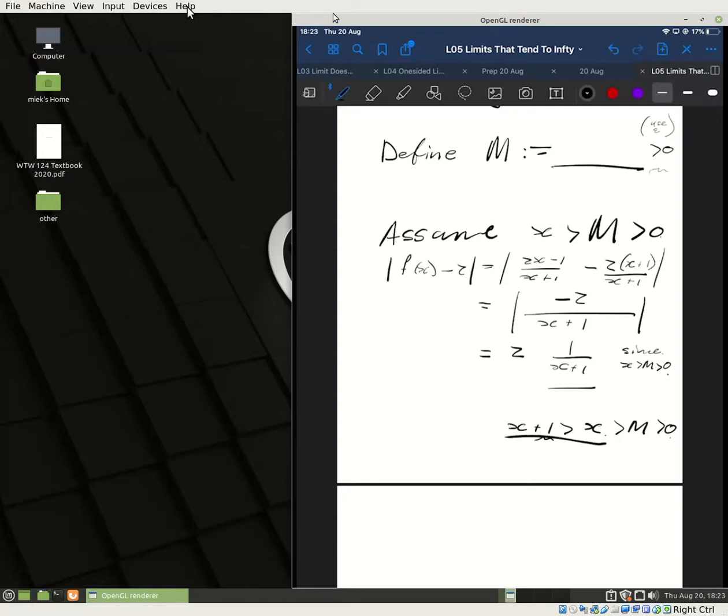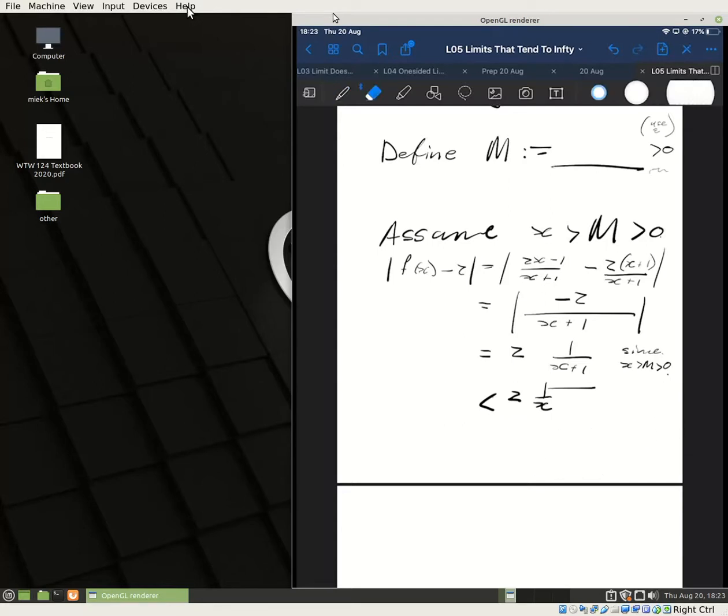So let's take a look at this part. This means 1 over x is less than 1 over x plus 1. And be careful here, this works since everything is positive. So this is less than 2 times 1 over x.